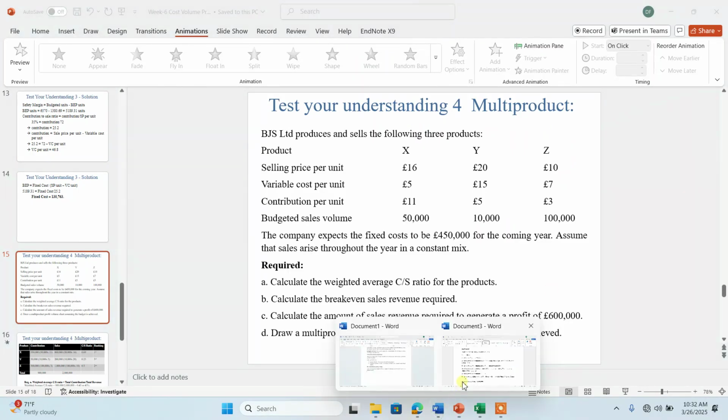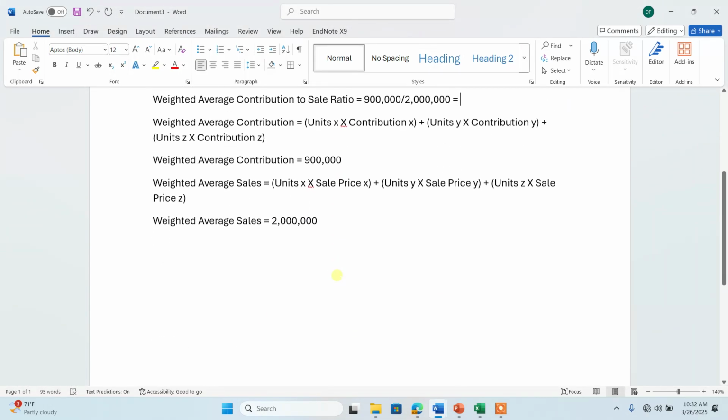If you remember, the formula for a single product was fixed cost divided by contribution to sales ratio.